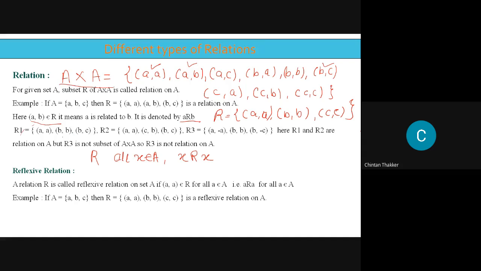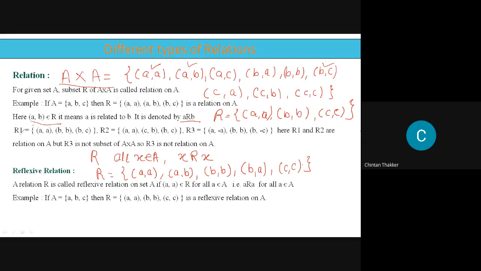Also, it's not necessary that only these elements are in R. Suppose R equals, we take (a, a), (a, b), (b, b), (b, a), (c, c).